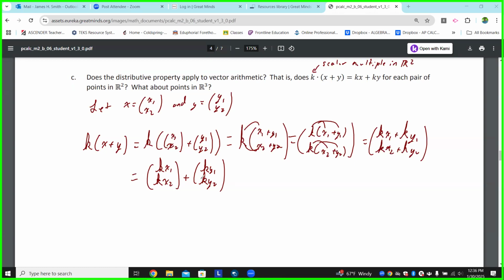Because I know what happens when adding vectors, it's going to go back to this, right? Now let's go one more step further. Let's factor out this k like we did in the opening exercise. So now this is k(x1, x2) plus k(y1, y2).